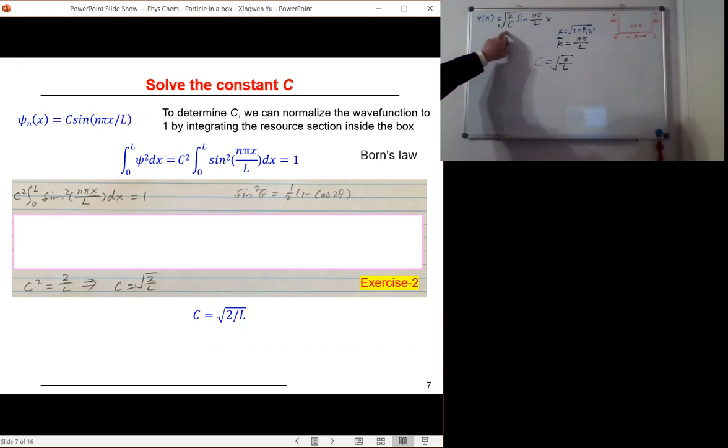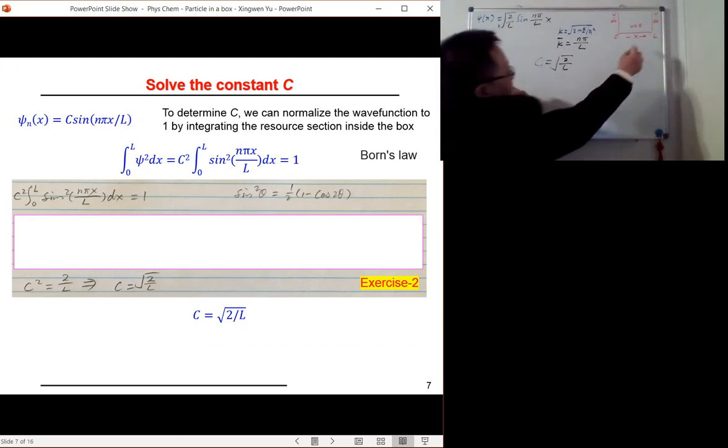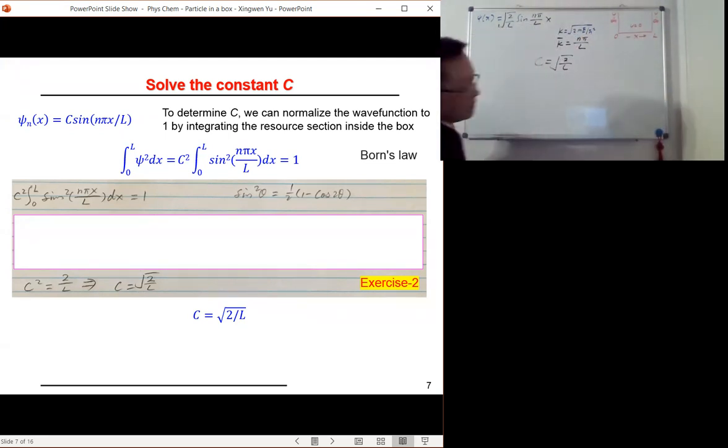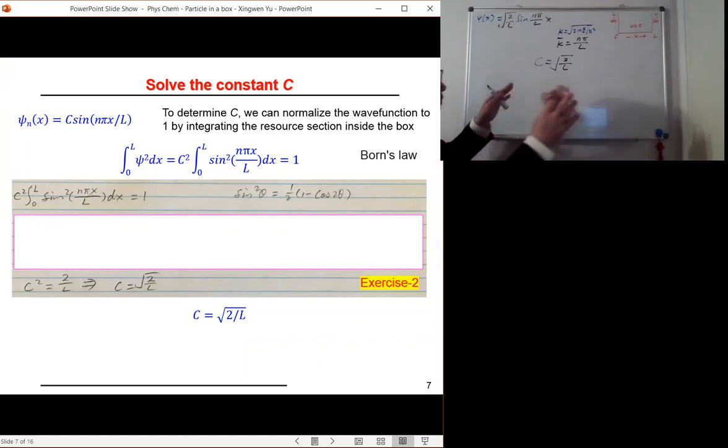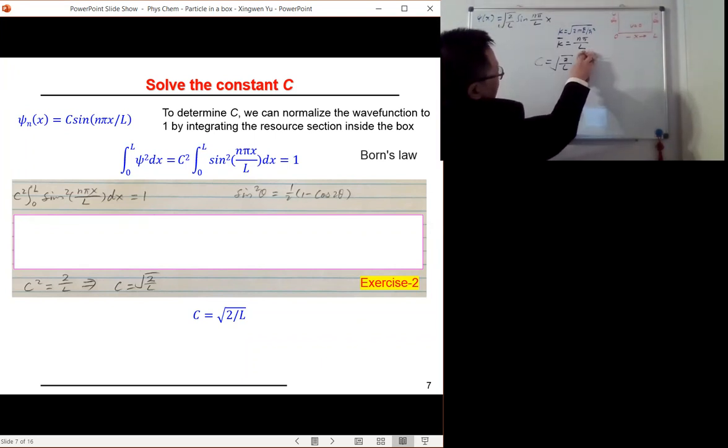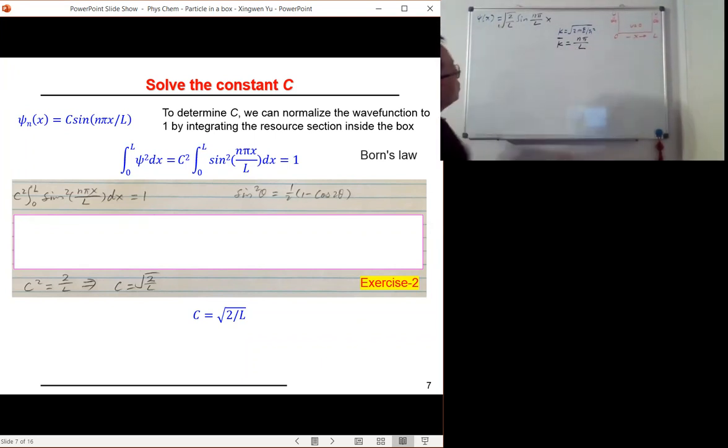The only variable now is x, with n pi over L. L is the size of the dimension of the space, the length of the box.